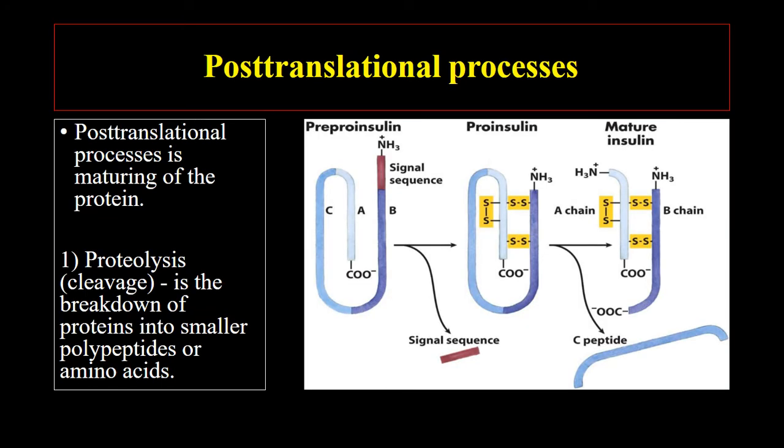Once synthesis of the polypeptide chain is complete, the polypeptide chain folds to adopt a specific structure which enables the protein to carry out its function. The basic form of protein structure is known as the primary structure, which is simply the polypeptide chain, a sequence of covalently bonded amino acids.